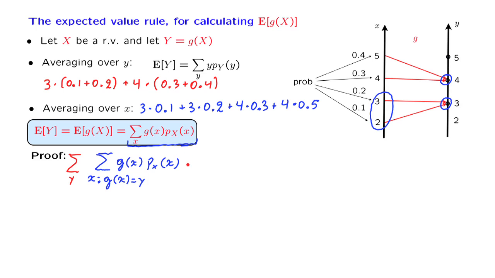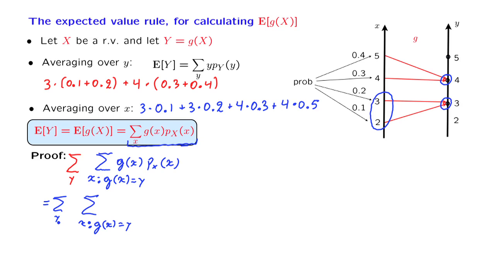Now, at this point, we make the following observation. Here we have a summation over y's, and let's look at the inner summation. The inner summation involves x's, all of which are associated with a specific value of y.